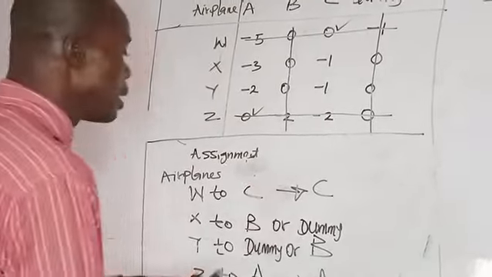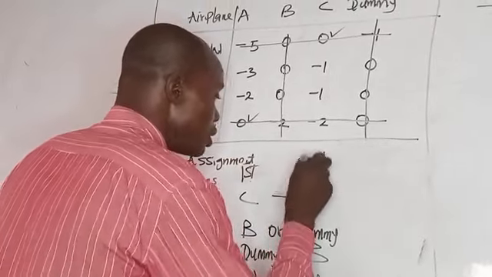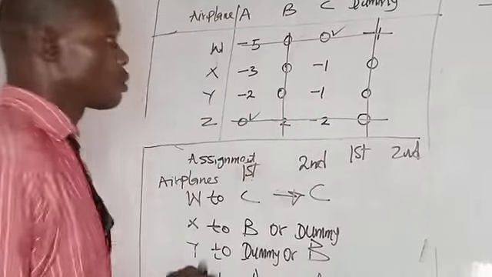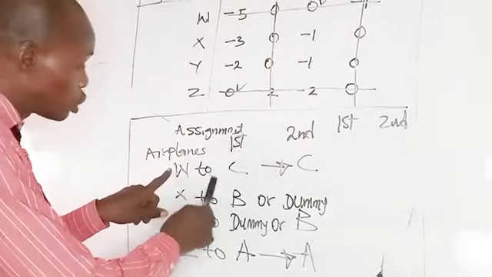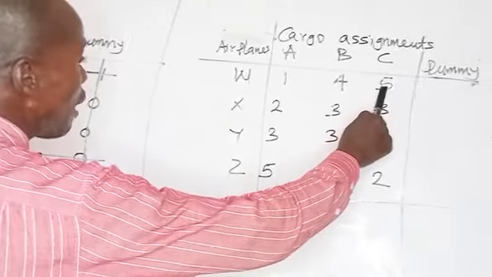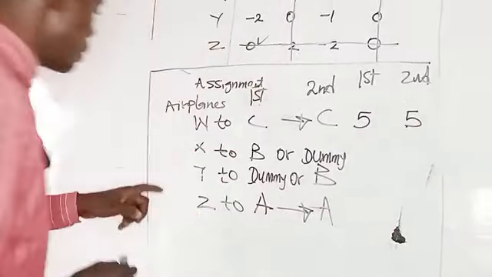What will now be the maximum profit? Let me call this one first, this one second. For the first, W to C, 5. Second will also be 5.